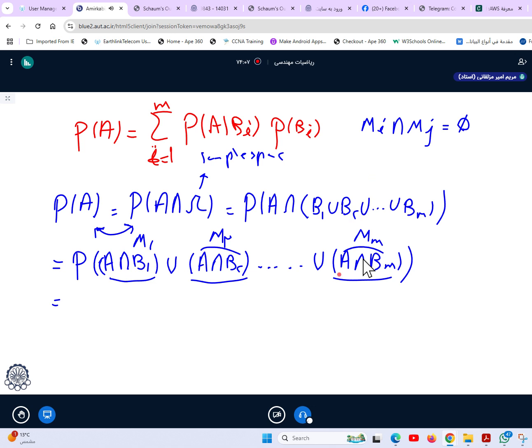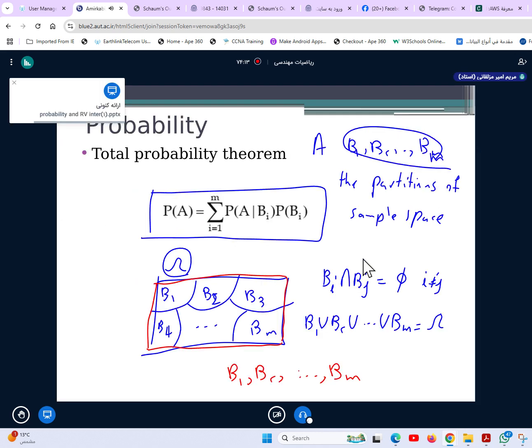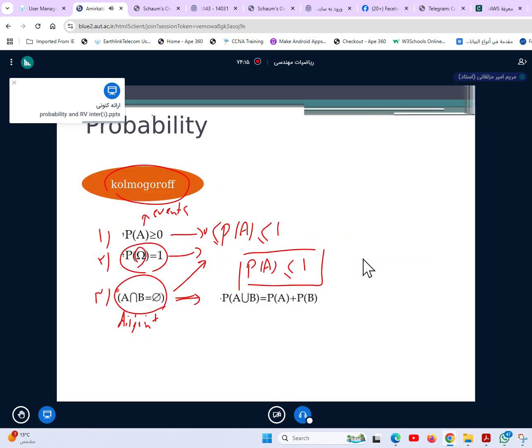When we have disjoint events, as we mentioned in these slides, when the intersection of two events is empty, then the probability of the union of these sets is equal to the summation of their probabilities.